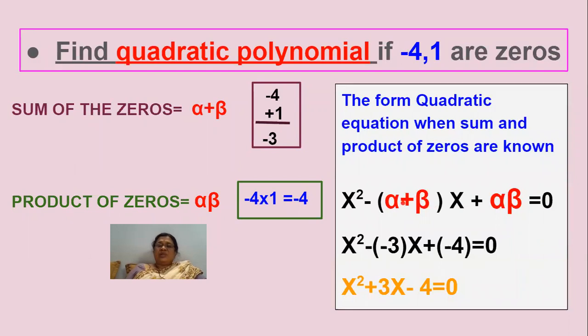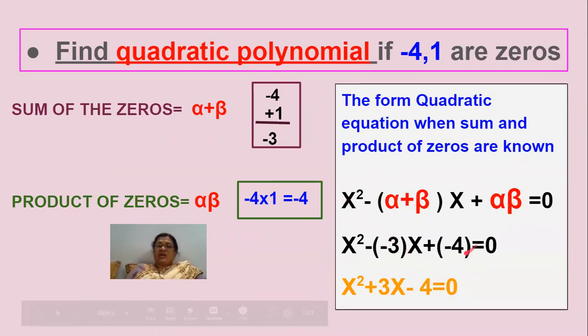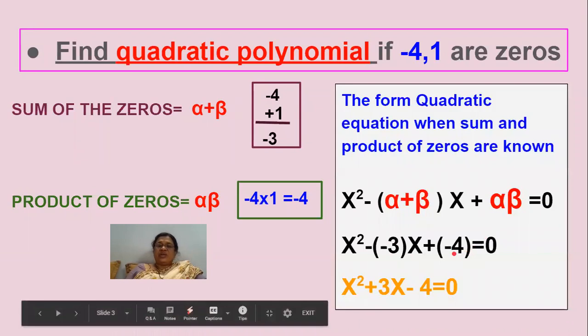Just simply substitute minus 3 in place of alpha plus beta, and minus 4 in place of alpha beta. So minus into minus, you will get plus 3x, and here you got minus 4.